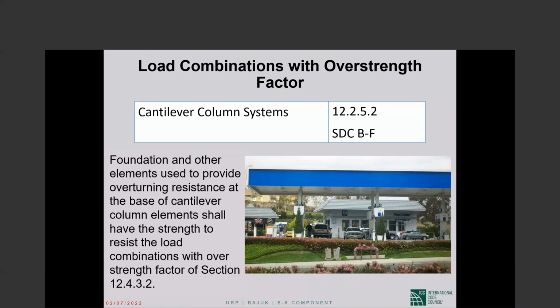It doesn't have to be one column, it can be a series of columns, but those are cantilever columns comprising the entire seismic force resisting system.